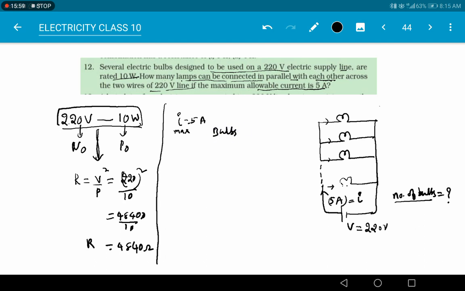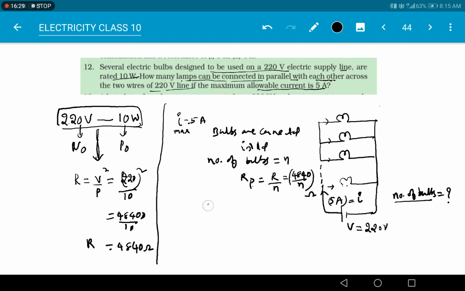Parallel combination. Bulbs are connected in parallel. How many bulbs? I am assuming the number of bulbs as n. Therefore, what is the effective resistance in the circuit? Effective resistance is R by n, that means 4840 by n. This is the resistance in the circuit.